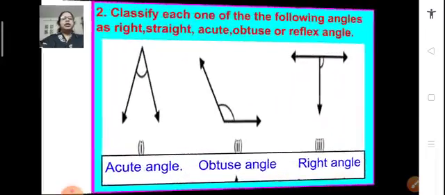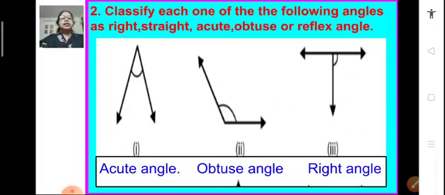Now, question number 2. Classify each one of the following angles as right, straight, acute, obtuse or reflex angle. So, we have to look at the angles here and tell whether they are right, straight, acute, obtuse or reflex angle.